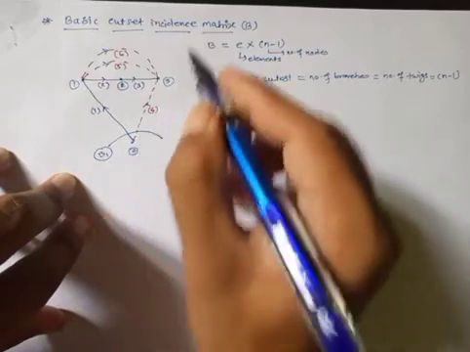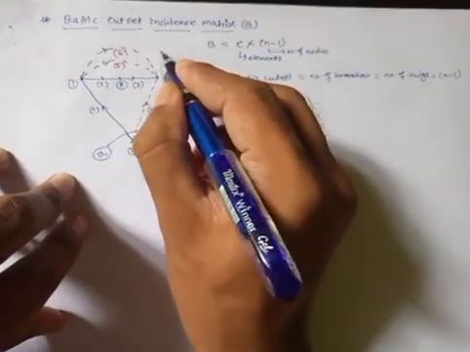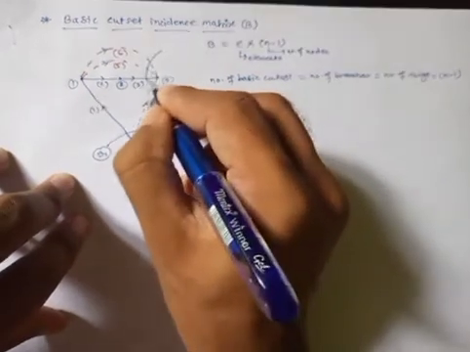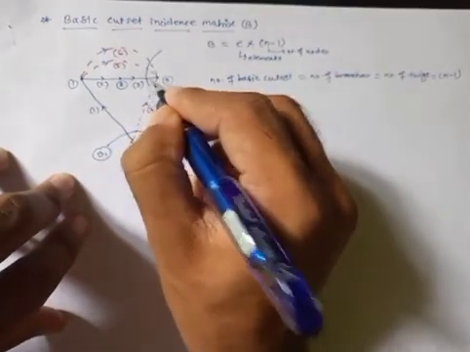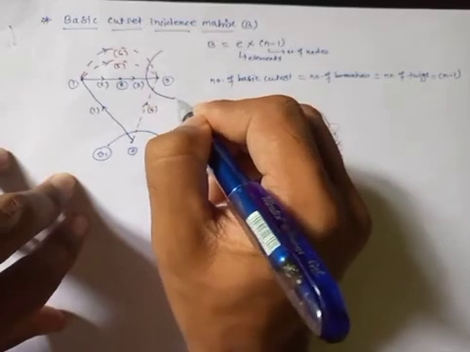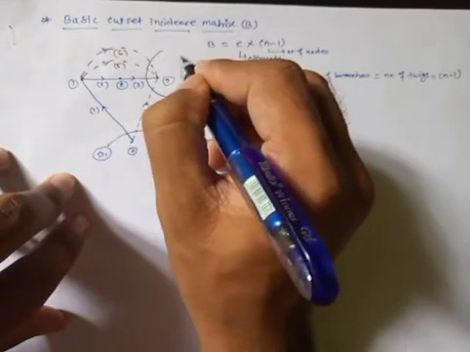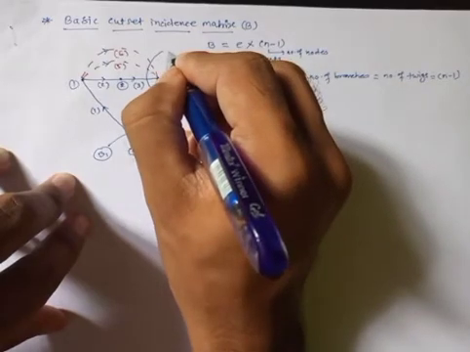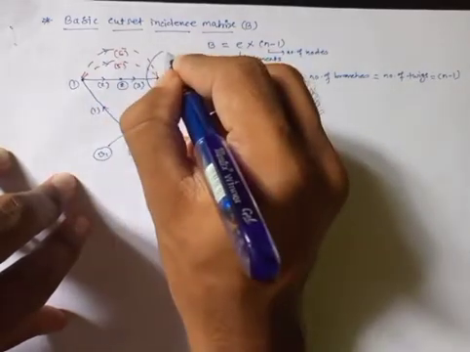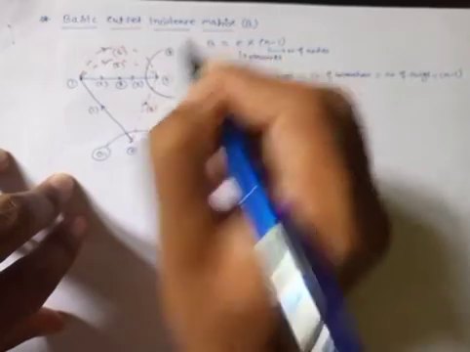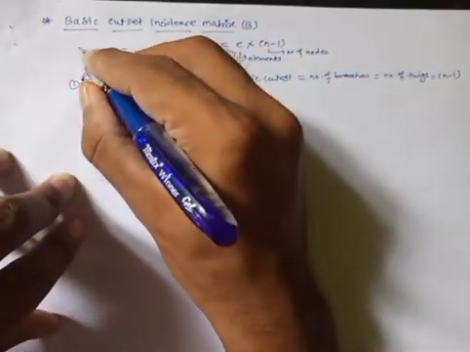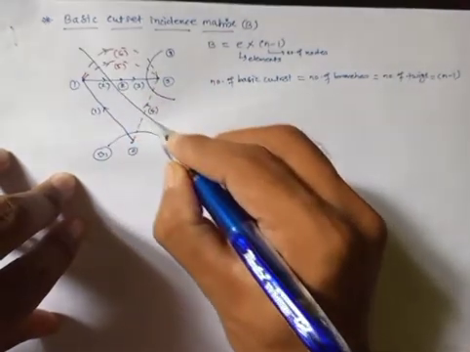Now the next cut set I will consider is this one, which consists of only one branch, that is 3, and the others are links. I will call it number 3, and this will be your number 2, which I am going to draw.